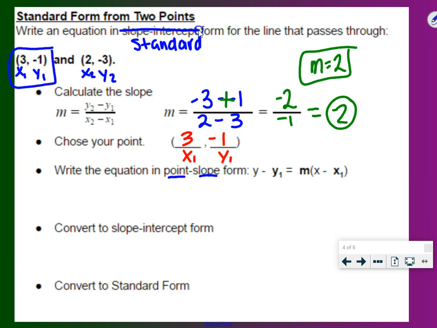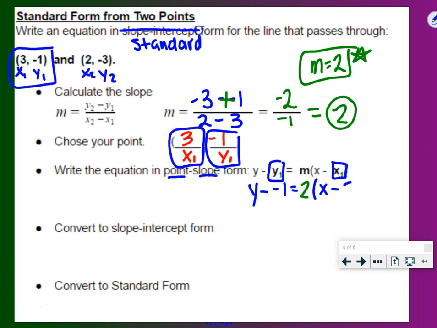So we have y minus y1, which comes from your point, so it's right there, -1, equals m. Our m, right up here, we solved for it, is 2, times x minus x1, which also comes from your coordinate point, which is right there, 3. Change that double negative to a positive.